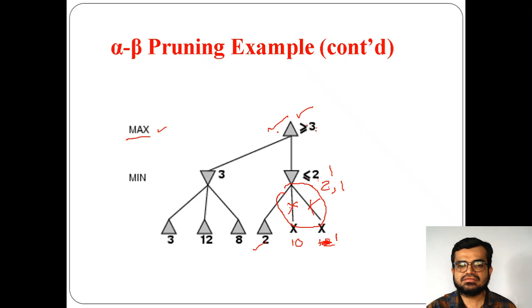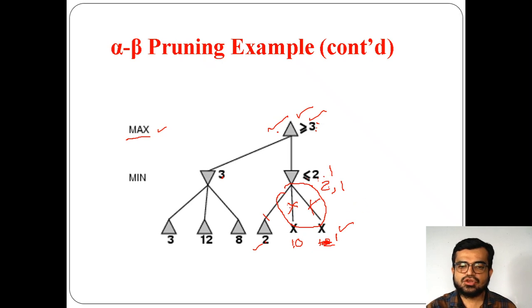Whatever value you have taken here doesn't have any impact on this value. Here also if it is 3 or 2, which is the maximum value? It is 3. So that's why you are pruning this part.